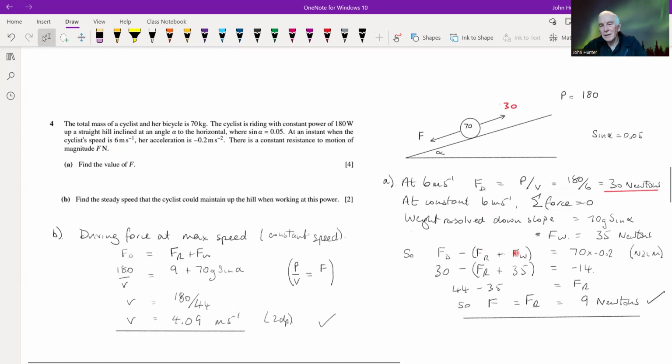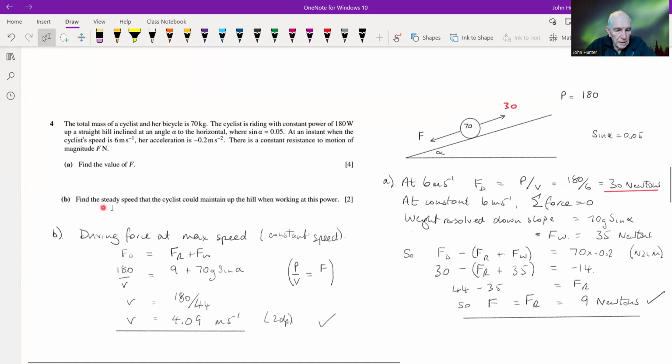Both of these are resisting: there's friction, probably this, and then this is the weight. Our driving force has to overcome both, but clearly it's not able to, because it's decelerating. So our driving force of 30 newtons minus F plus 35 is equal to minus 14, and we can work out the resistance force from that, giving us 9 newtons. Okay, so that is the value of F.